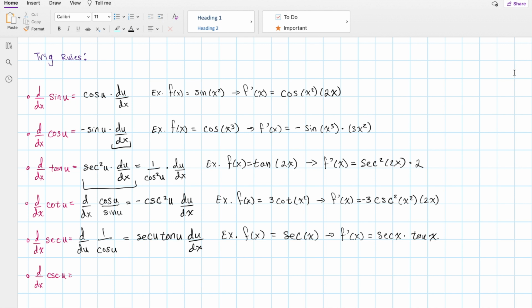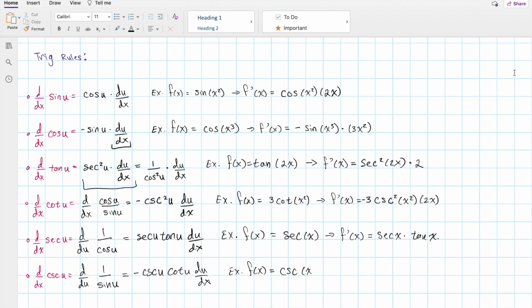Now for cosecant, remember cosecant is just 1 over sine of u. So the derivative of that is negative cosecant u times cotangent of u times du dx, which is the chain rule. Example, f of x is equal to, let's say, cosecant of x squared.